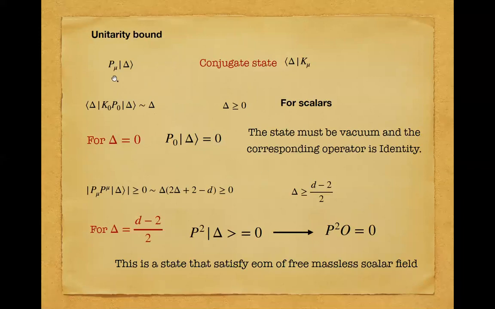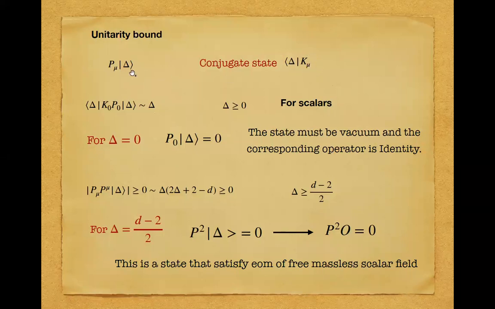I was doing all this just to get to this slide where we discuss the unitarity bound. We are interested in computing the norm of a state. Suppose there is a state delta, and p mu is acting on it, and then the conjugate state would be this, delta, but this p mu dagger becomes k mu.